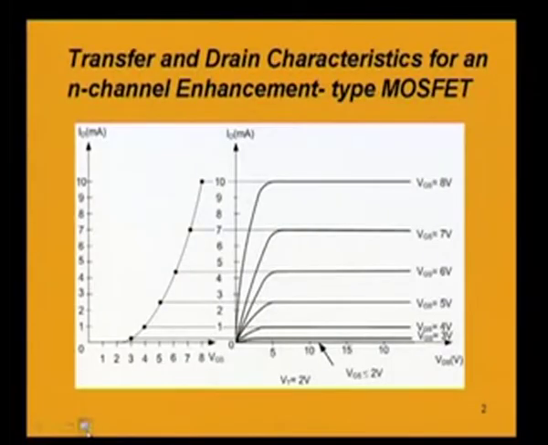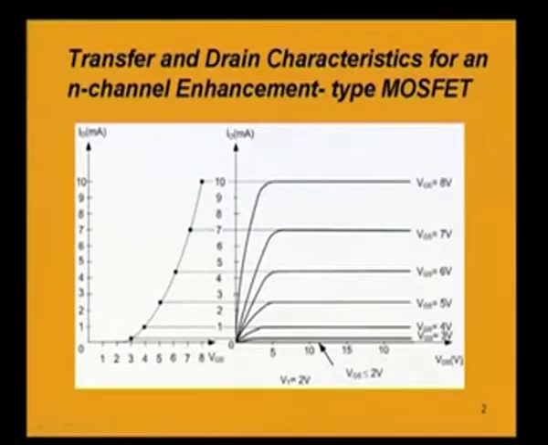So let us see here, we are now showing the drain characteristic for an N channel enhancement type MOSFET, and by the side of this drain characteristic is shown the transfer characteristic. Now how have we got this transfer characteristic? We have in the drain characteristic the plot between the drain current and the drain to source voltage for various values of the gate to source voltage. Now we know for a particular N channel MOSFET device the threshold voltage.